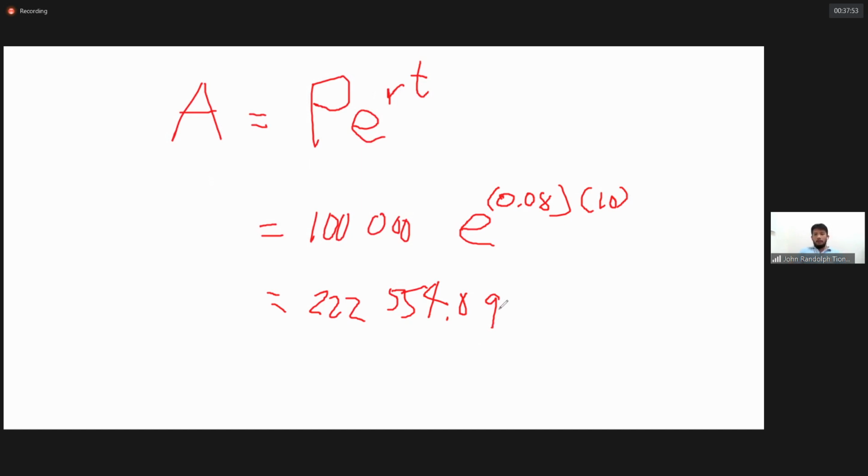Say for example, there's a decrease of 40% or 30%. So kung decrease na 40%, yung growth factor niya is 60% na lang. Let's say decrease of 30%, so yung decay factor niya is 70%. So you will just have to subtract that one from 100.